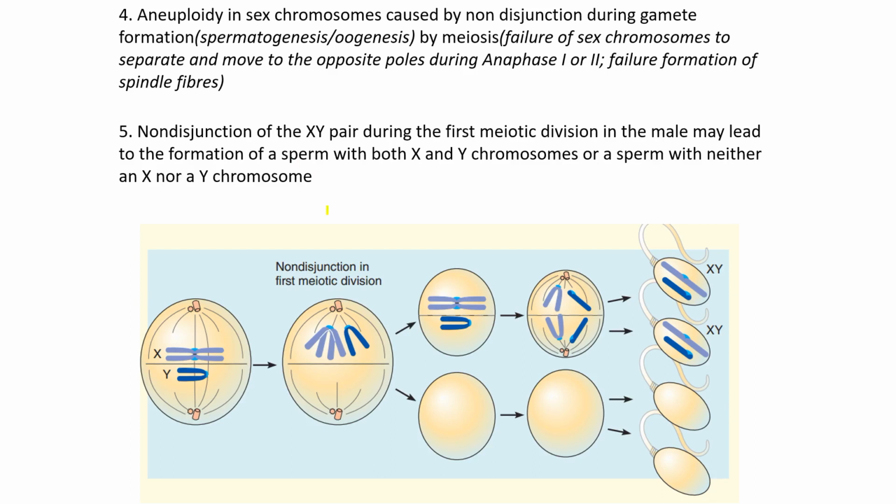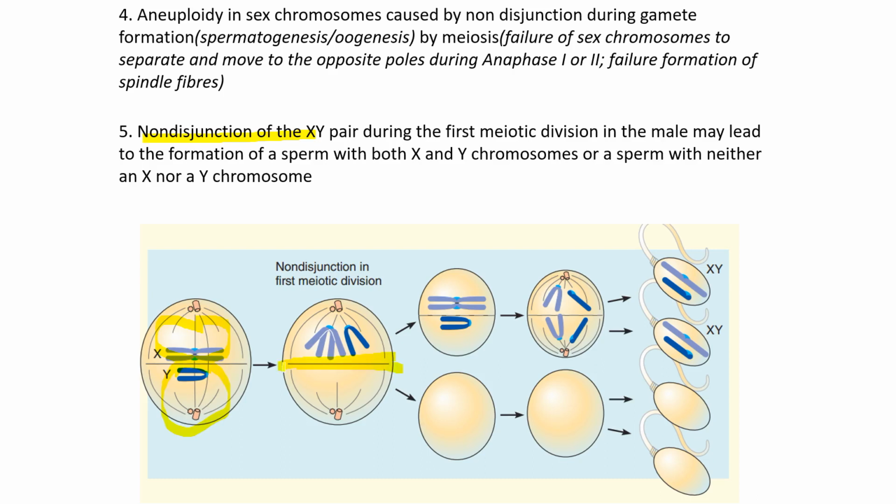Now, we go to this first example. There are 3 examples here. Non-disjunction of the XY pair during the first meiosis. So we know this is the Y chromosome and this is the X chromosome. During anaphase, they did not separate properly.